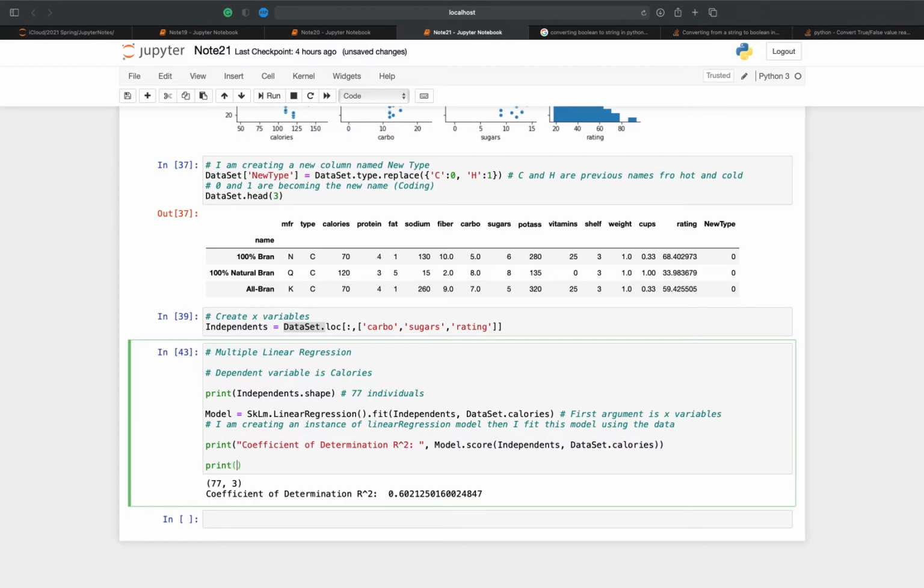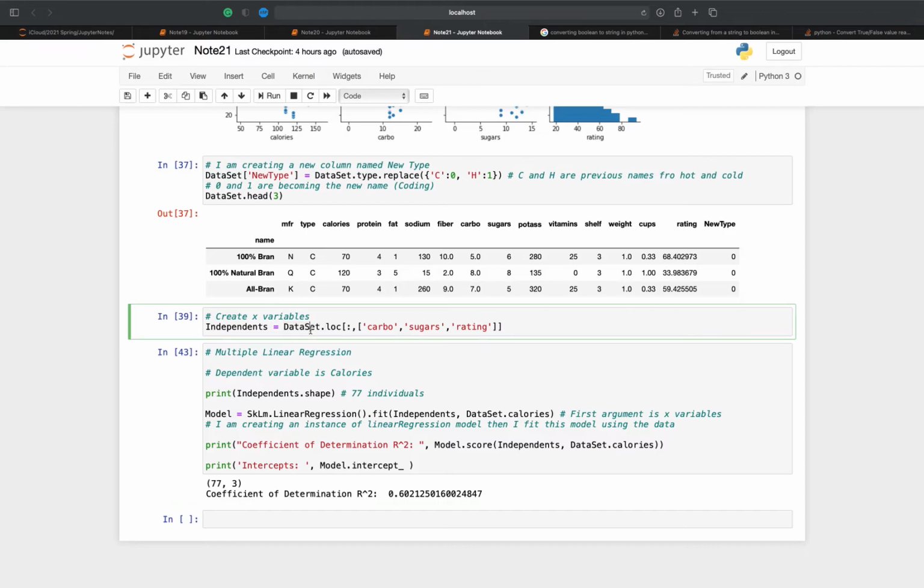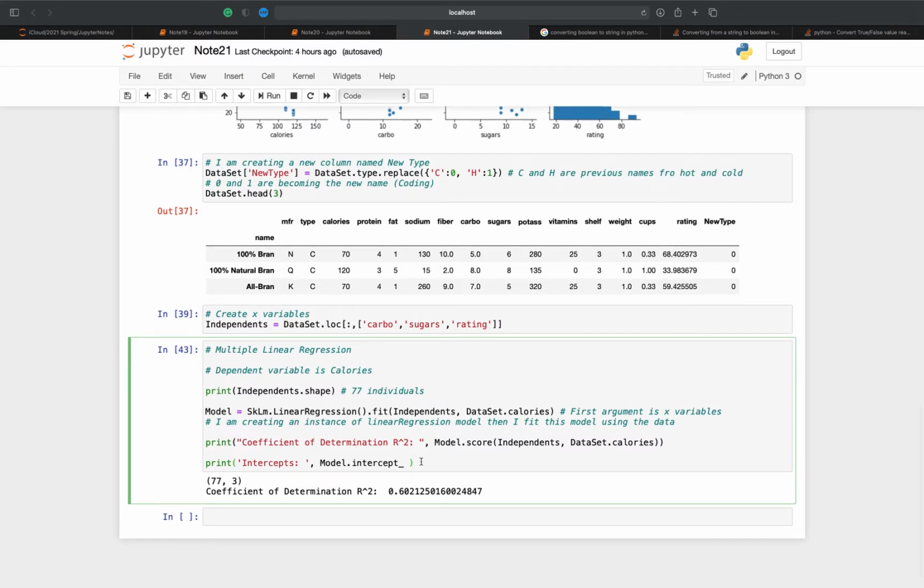Then I'm going to print intercepts, and what else? We are going to use model dot intercept. I don't know why they are adding this kind of underscore for their method. What I found about Python, analyzing the data with Python is not as neat and beautiful as R, for example.